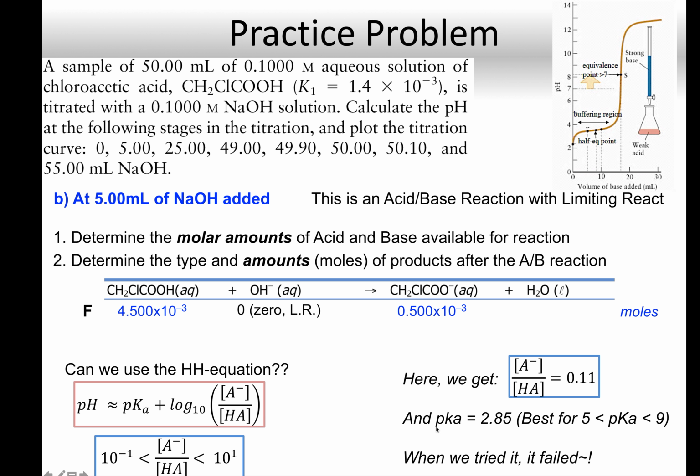Another reason that maybe it's suspicious that this equation is not giving us the results that we were expecting is that the pKa is actually 2.85, and it's known that the best interval of pKa values is something in between 5 and 9. Now, let's be careful here. It doesn't really mean that because the pKa is outside of the better values of pKa, this particular problem cannot ever be solved using the HH equation. That's not what it means. What it means is that if this were in this interval, it would be much better.